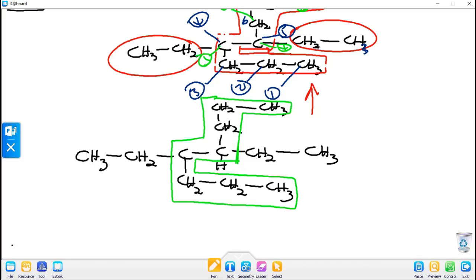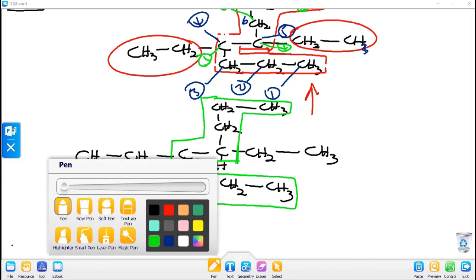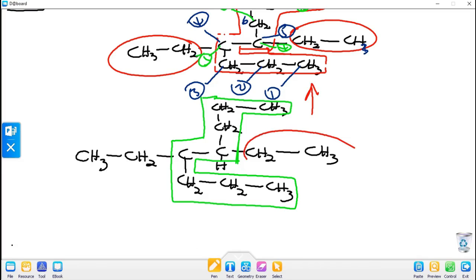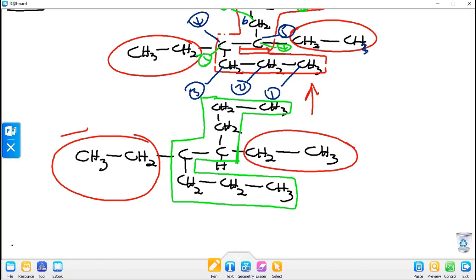So if we go with that, we have our side chains now. This is a side chain, and this is a side chain. So this is clearer now. Our side chains are both at carbon 4 and carbon 5. And these side chains are the same. They are both ethyl. This is ethyl, and the other also is ethyl.